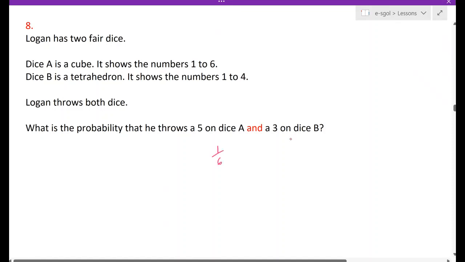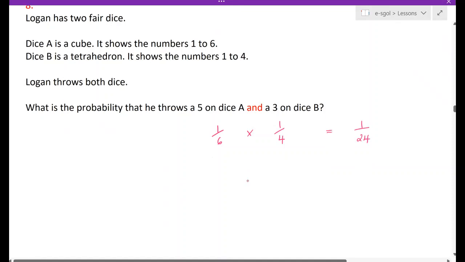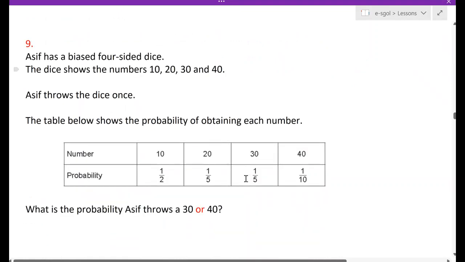And then the chance of throwing a 3 on dice B, well, there's 1 three out of 4 numbers. So with this one, I've got 1/6 multiplied by 1/4. So once again, this is multiply the tops, multiply the bottoms, 1/24 is the answer to this question. So you can do these fairly quickly. Let's have a look at the next question.